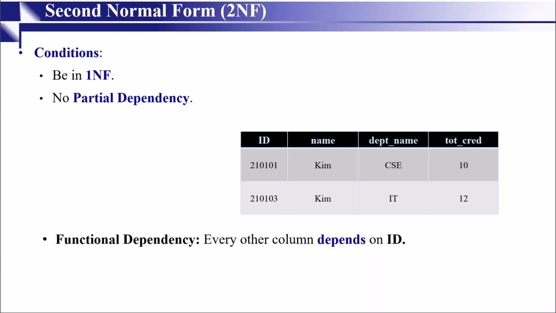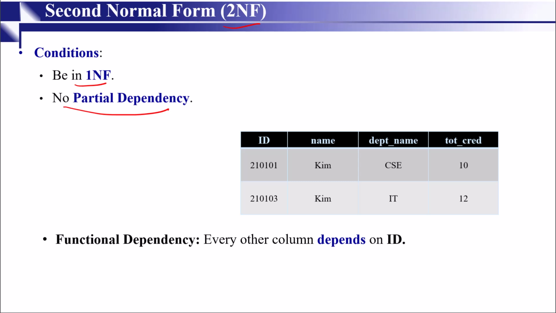Moving to the second normal form, or you can say 2NF. A table is in 2NF if it is already in 1NF and it has no partial dependency. What is partial dependency? A partial dependency occurs when an attribute depends on only part of a composite primary key.